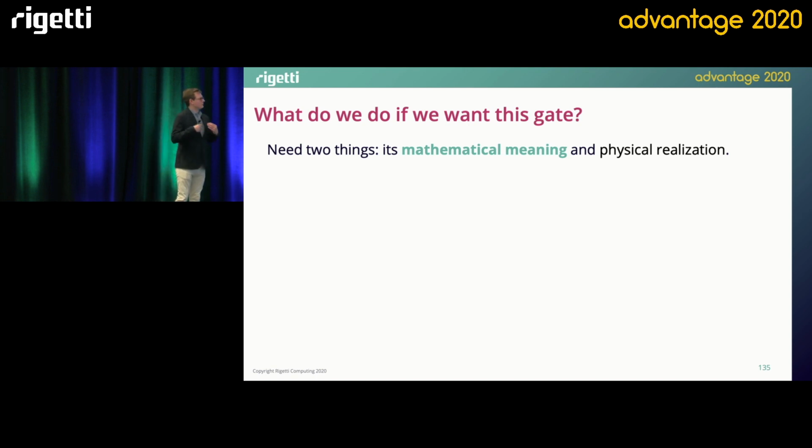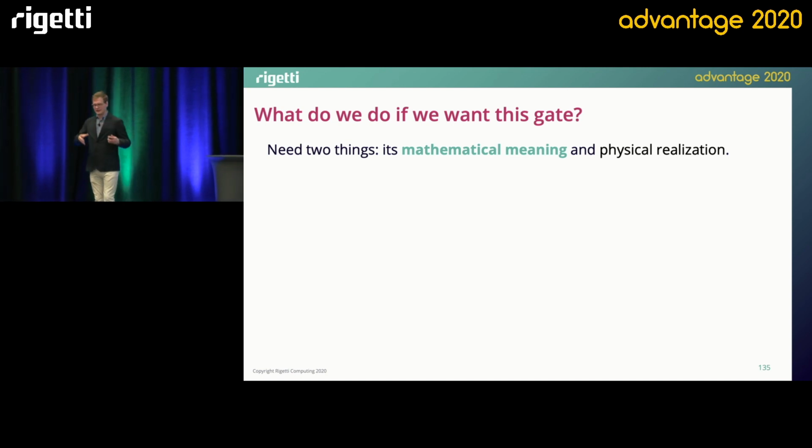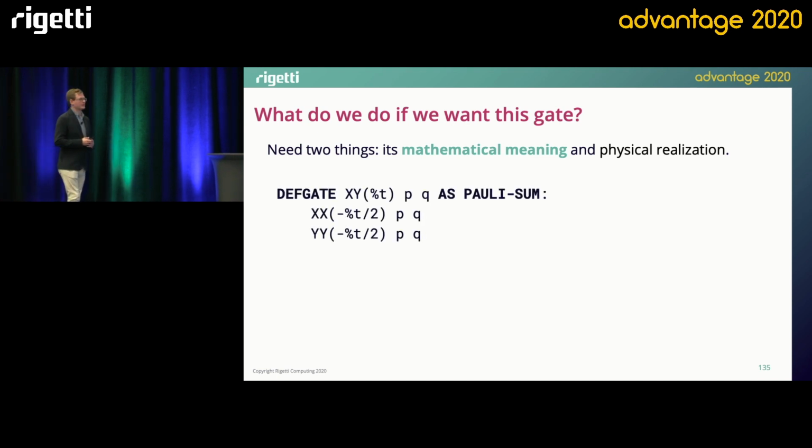So let's switch gears a little bit and discuss, we've established through some theoretical means that we want this gate. We want XY. And we know that the hardware that we have, in principle, could support it. How do we actually get that gate to be something that we can use natively in our system? Well, there are 2 things that we're going to need. We're going to need the mathematical representation of this gate.